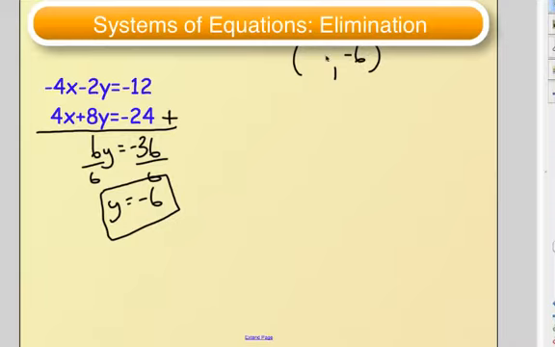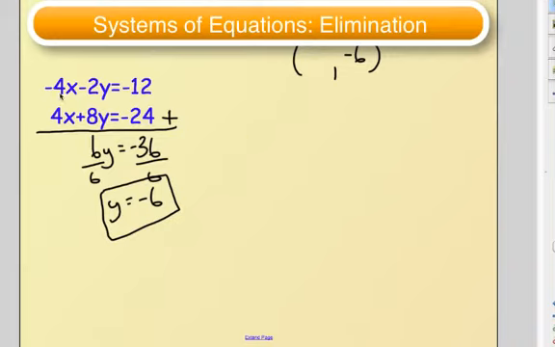That's an important piece. Now I have to figure out what the x part is. So what do I do from here? I've got two equations up here, and I have y equals negative 6. If I plug negative 6 back into either one of these two equations, I will get the x value. Let's just take one of them.